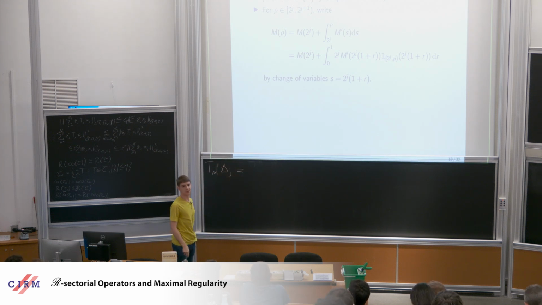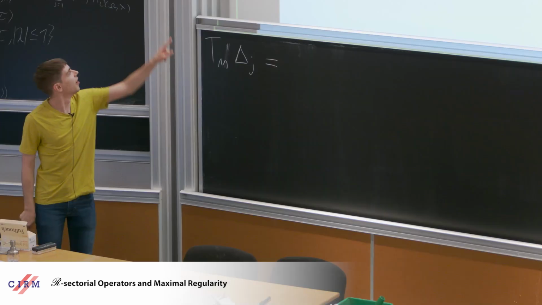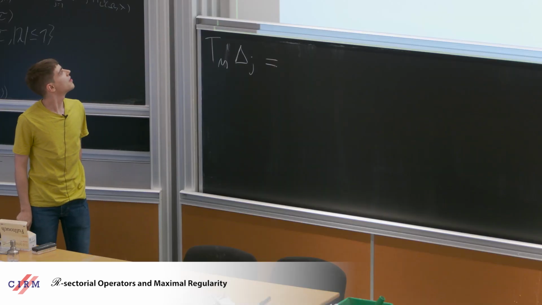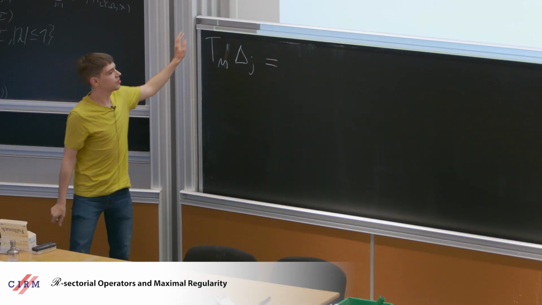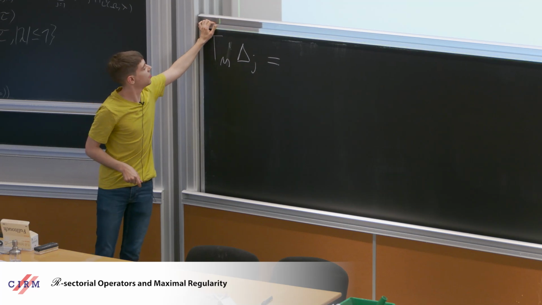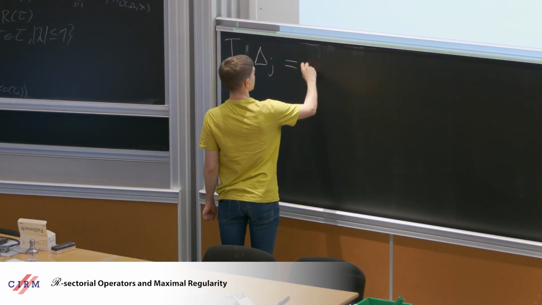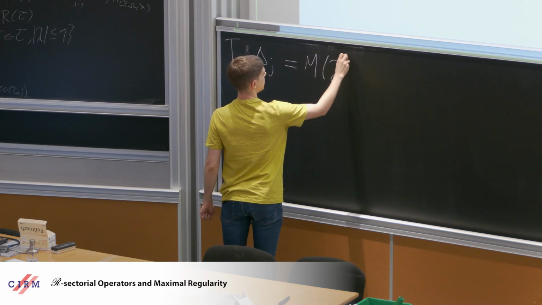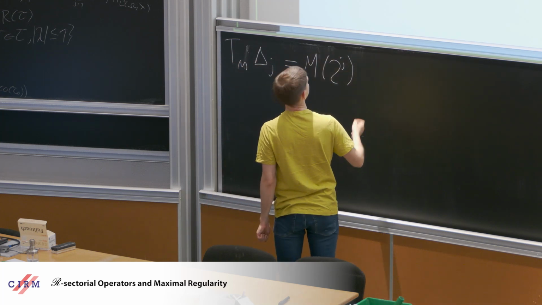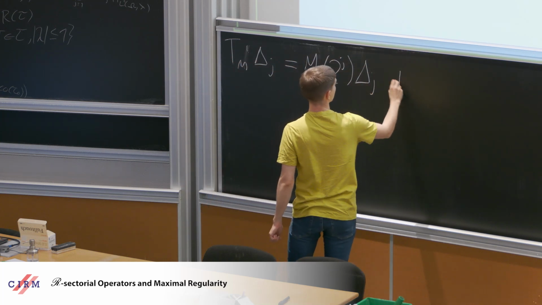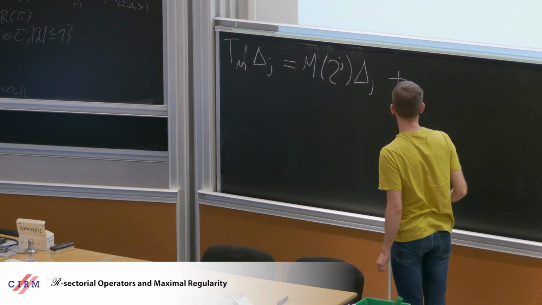We apply this decomposition and we note that now m of 2 to the j is a constant operator which does not depend anymore on the Fourier variable. So this is then just m of 2 to the j times delta j. And we have plus this integral.